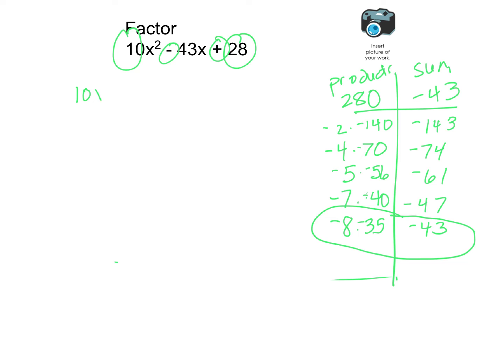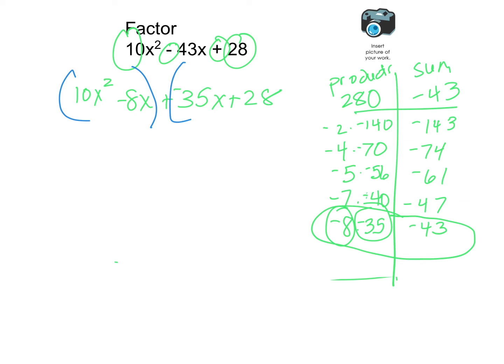Once you found it, rewrite it. 10x squared minus 8x minus 35x plus 28. So I have to remember these are both negatives. I'm going to group these two and then I'm going to group these two. Okay, looking just at these two, what is my greatest common factor? The greatest common factor is 2x. So I'm going to divide both by 2x and I get 5x minus 4 plus, okay, I see this has a plus sign in here. I want a negative sign, so I'm going to take out a negative. Let's see here, 7.